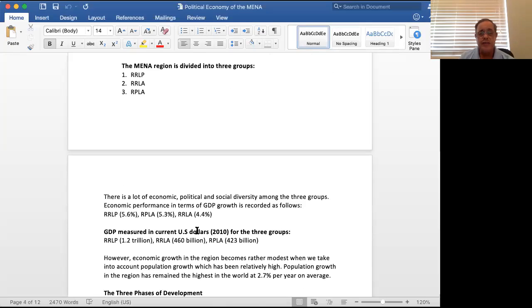You can see that there is a lot of economic, political, and social diversity among the three groups. So even though we show that the region as a whole grew at 4.9%, you can see that different regions grew at different rates.